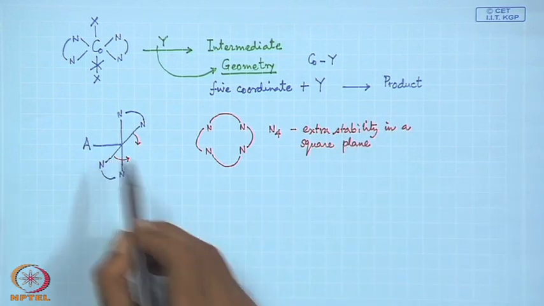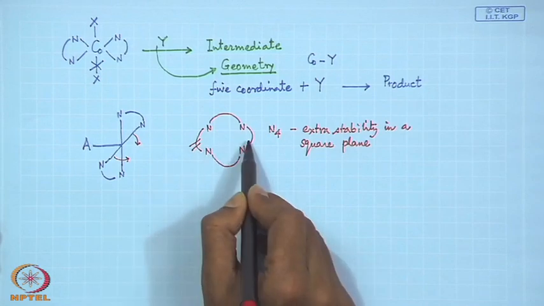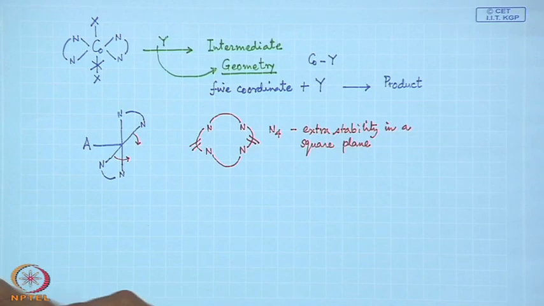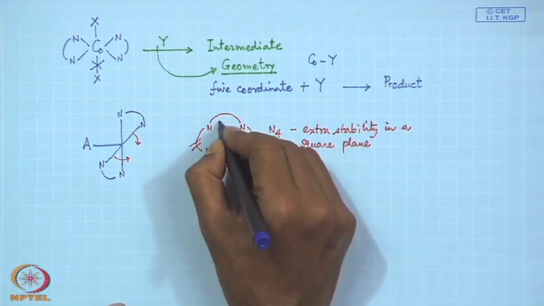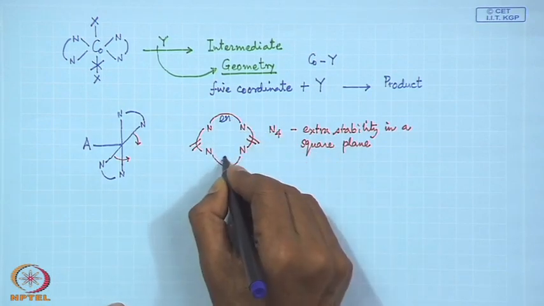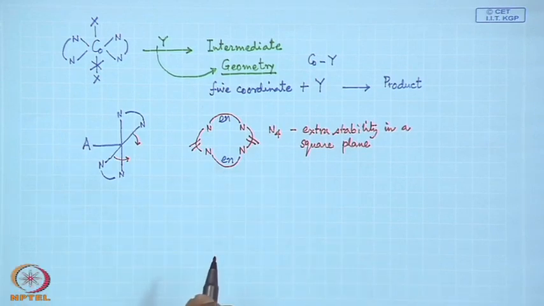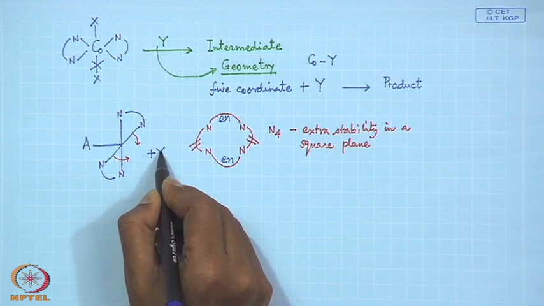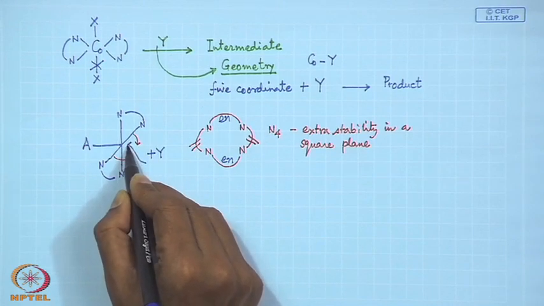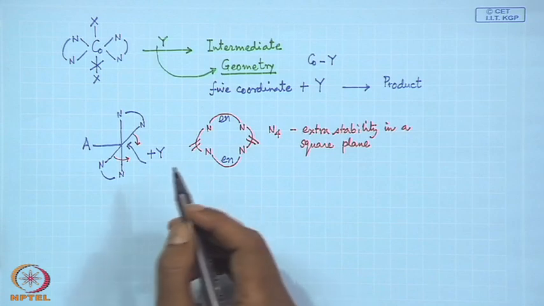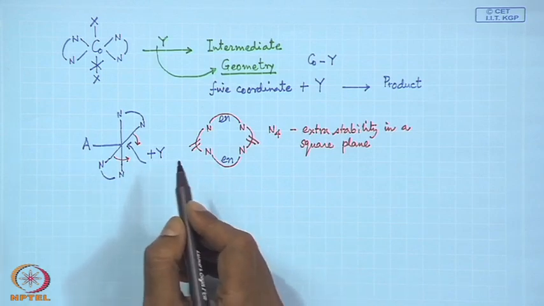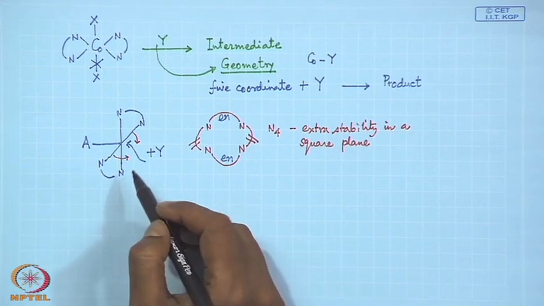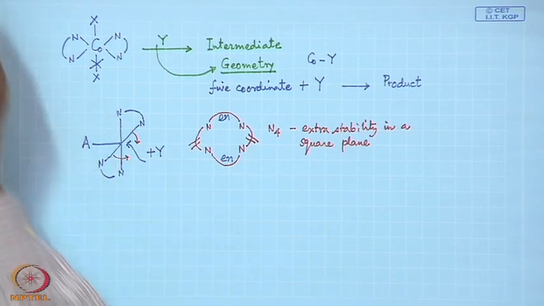So, that thing is also happening where we do not have this connection and we do not have this connection; only ethylene diamine units are present. So, this is our en and this is also our second en. The incoming Y will attack from this side, and we get the corresponding retention of the configuration, even for the trans compound, as we get for the cis compound.